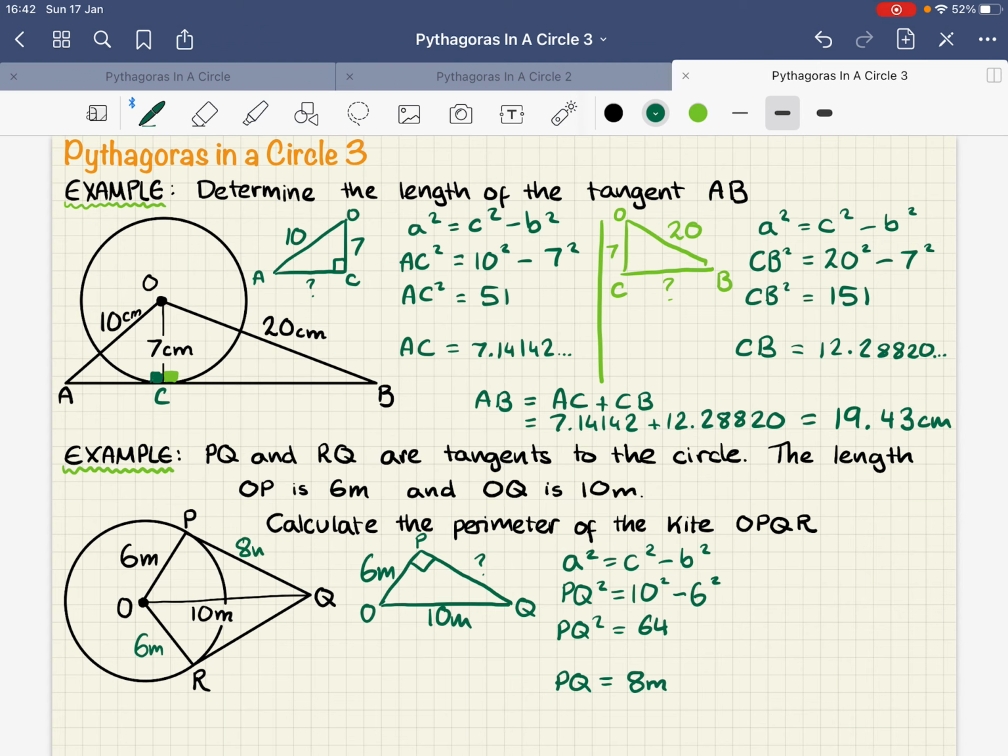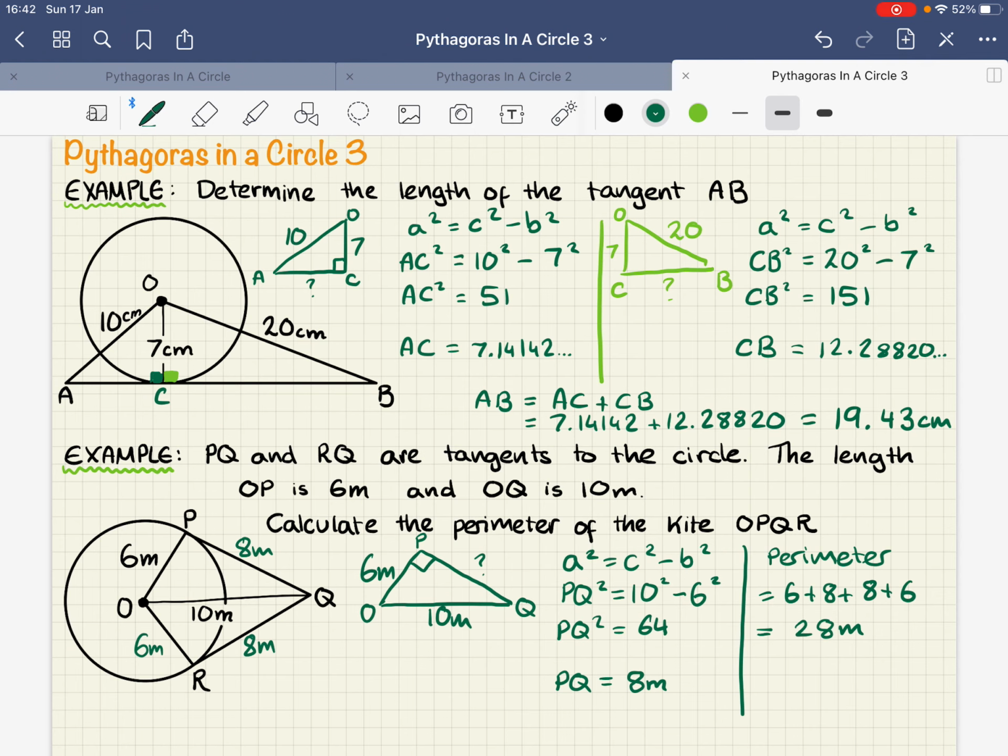So I know that's 8 meters, and therefore RQ is also 8 meters. So then want to find out my perimeter, so adding up those 4 sides all together. So I'm doing 6, add 8, add 8, add 6, and that will come out to 28 meters.